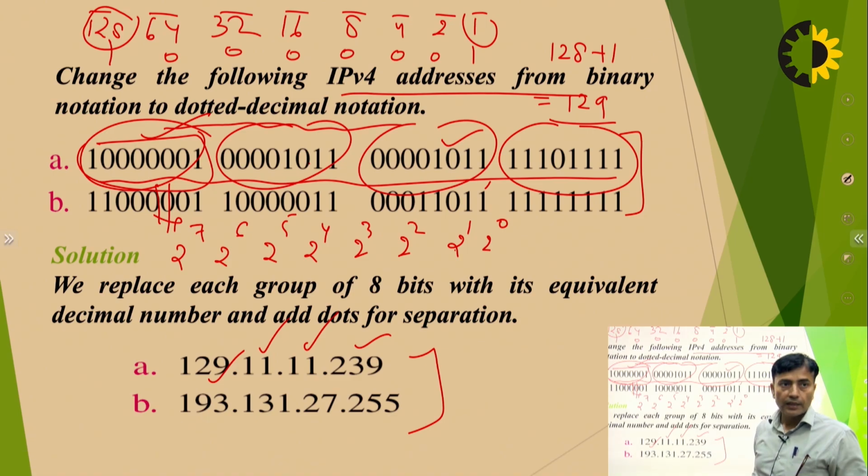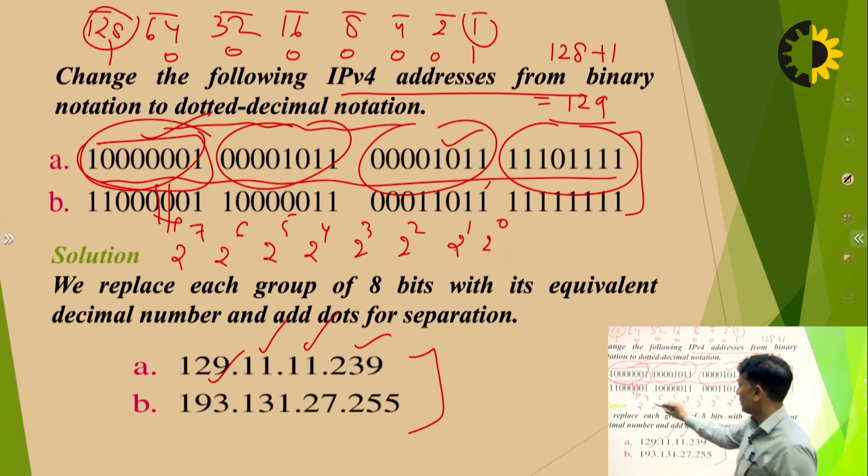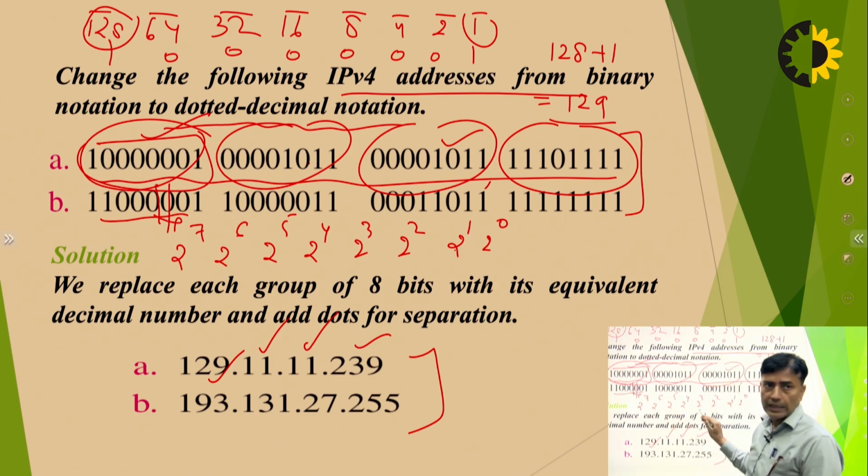So, what will be the dotted decimal notation? 129.11.11.239. Similarly, the other example is also there. You can easily convert from binary to decimal by using this logic, and vice versa is also possible. When you have to convert 129 into binary, you can easily convert it.